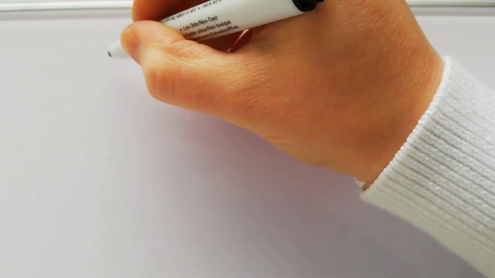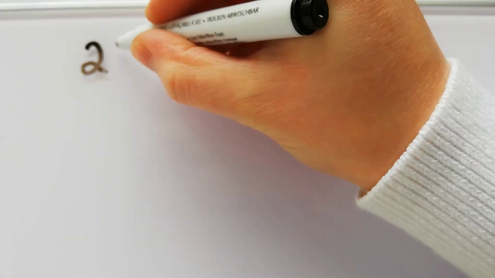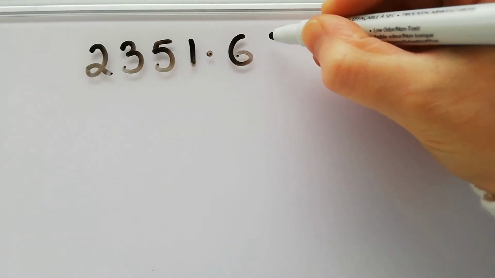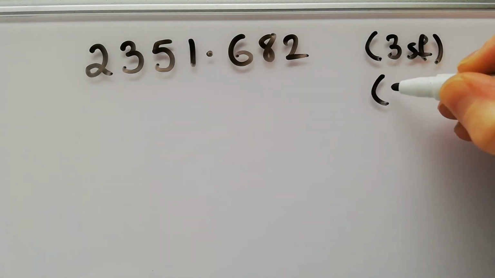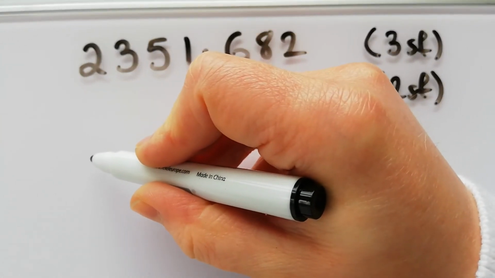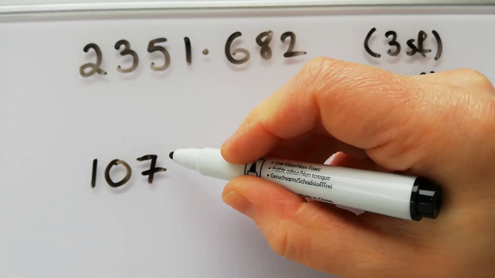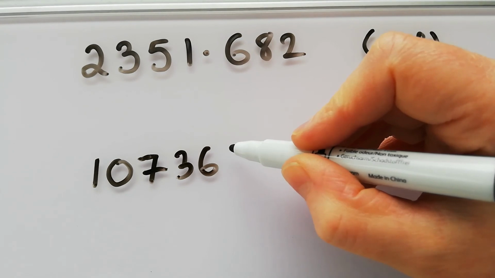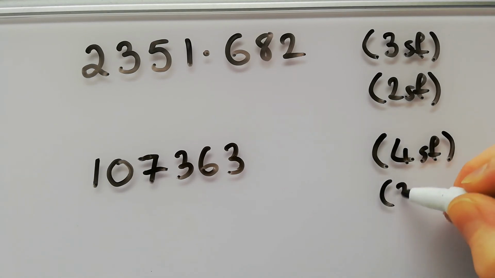So if you do 2,351.3682, round that to 3 sig fig and to 2 sig fig, and then if you do 107,363, do that to 4 sig fig and to 2 sig fig.